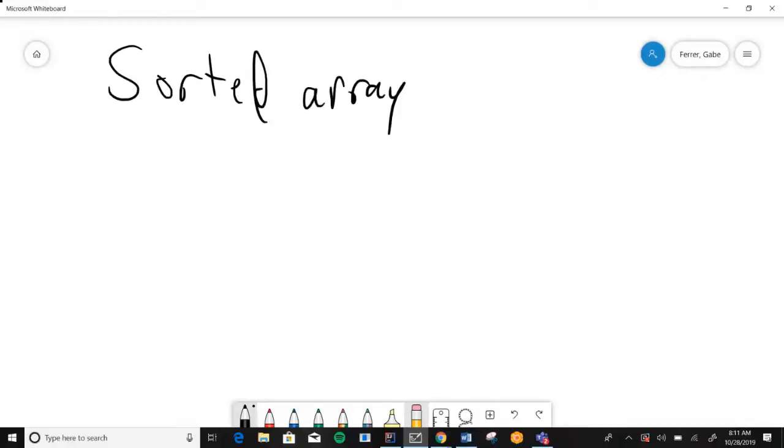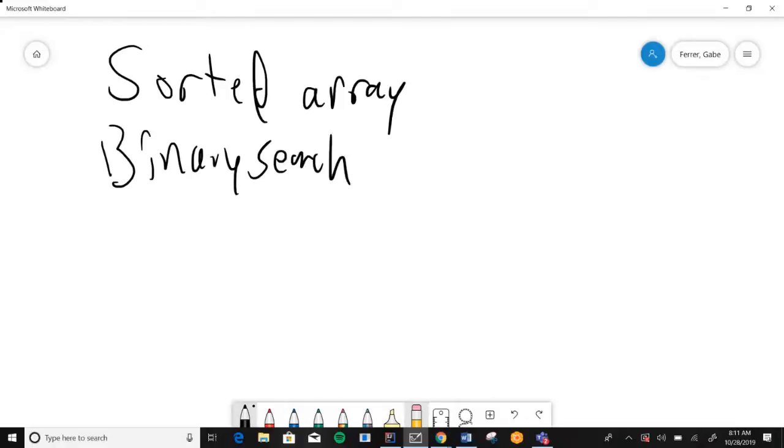So we've gone over the fact that if we have a sorted array, we can do a binary search, which is going to be log n time to locate an item. We've also discussed the fact that log n time is pretty fast.